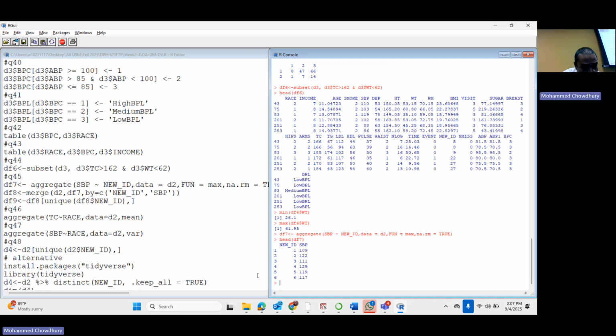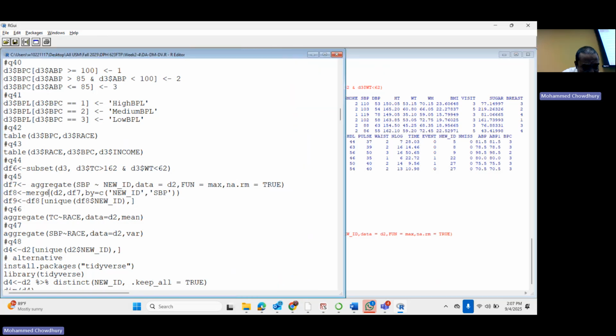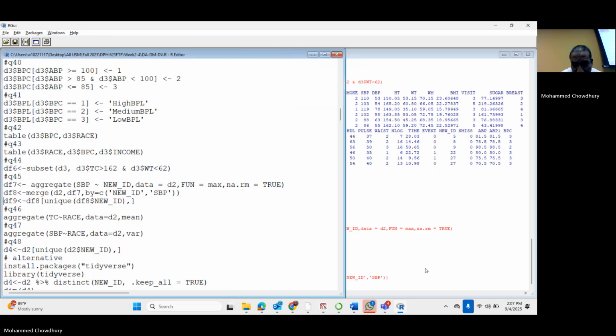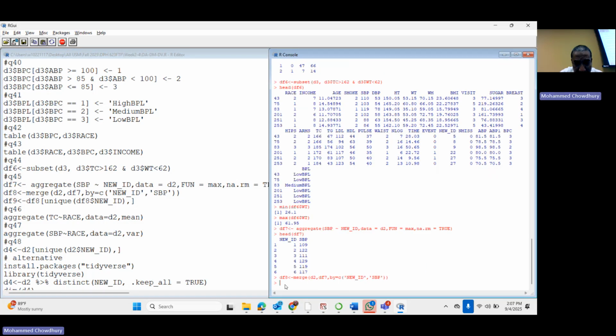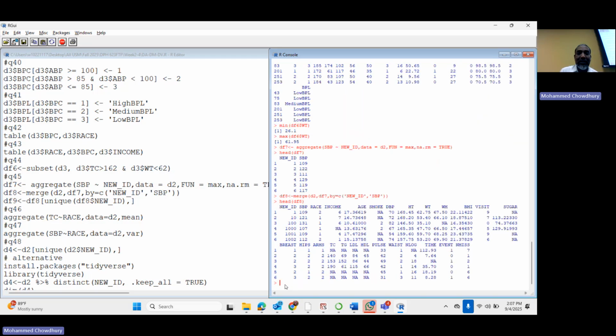Now see, next one, I merge it by this. And here is the new data, DF8. So in this case, if you take a look at where is my new ID? Are you seeing the new ID? 1, 10, 100, 1000, like this way.